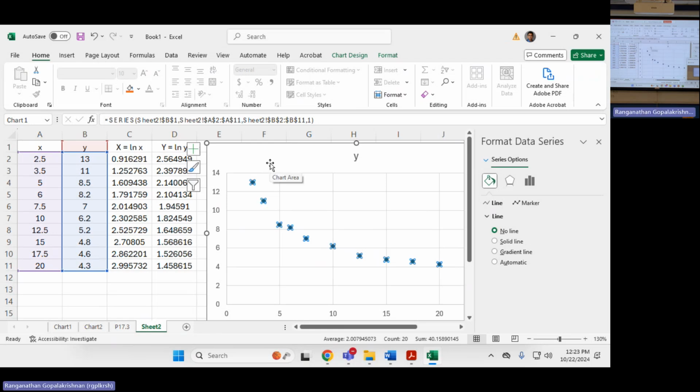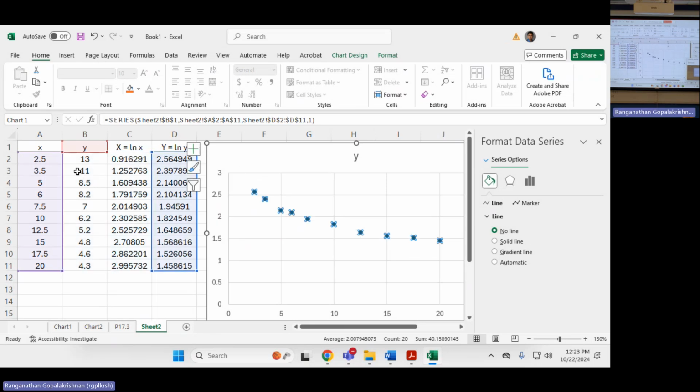I'll give you time to do this. Okay, so instead of plotting x and y, I'm going to plot logarithm of y and x to see if that would trend linearly. This is the plot of log y versus x. Does it look linear to you? Still not linear, right?